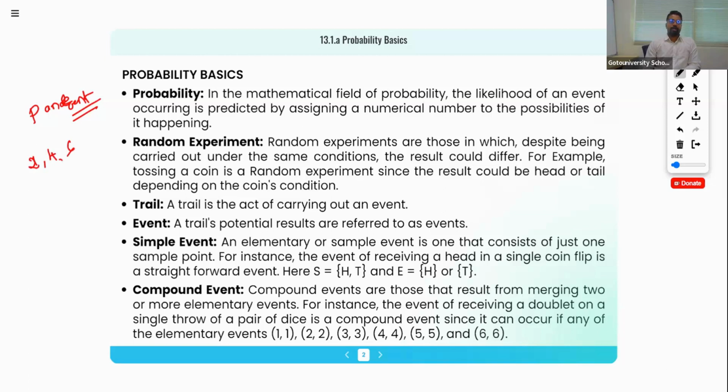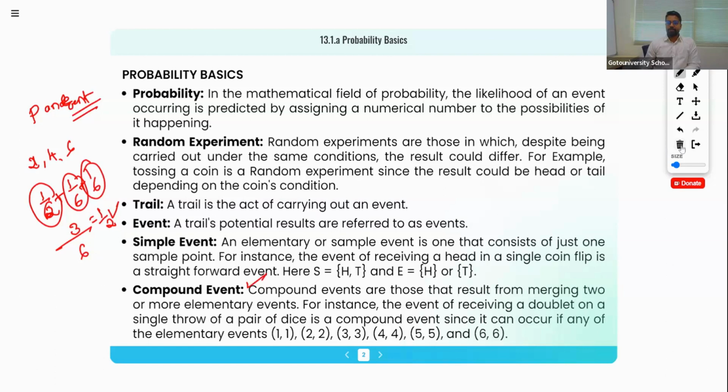Each of them is 1 by 6. When you add all of them, the numerator is 3 and the denominator is 6, so it becomes 1 by 2. It's a combination of more than one simple event. Such an event is called a compound event.